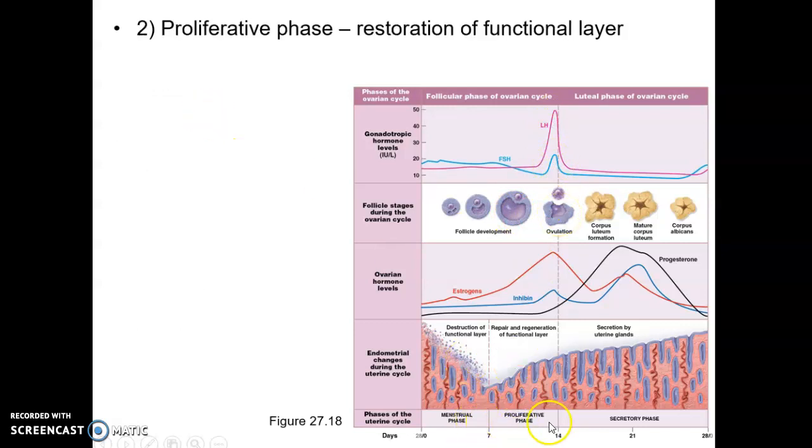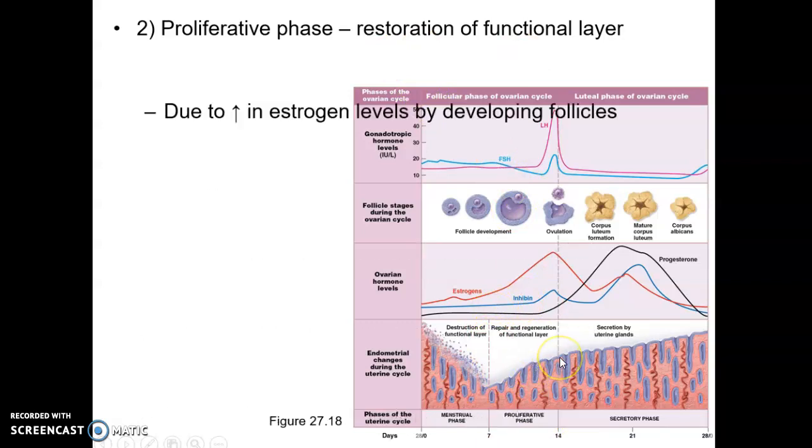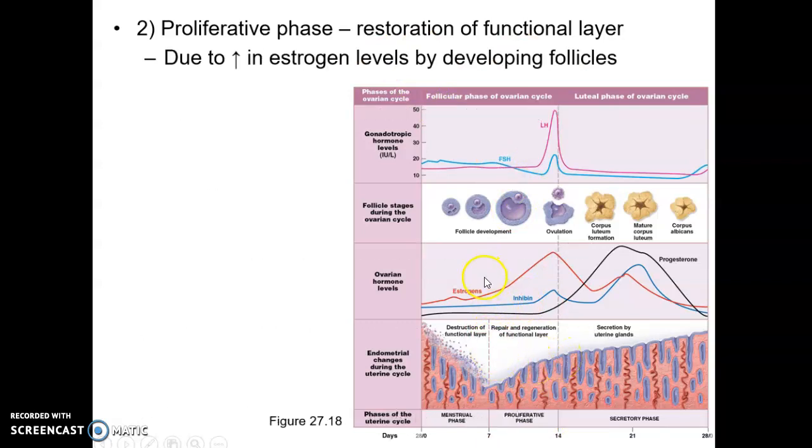During the proliferative phase, days 7 to 14 roughly, there's restoration of the functional layer. It starts to regenerate due to an increase in estrogen levels secreted by the developing follicles.